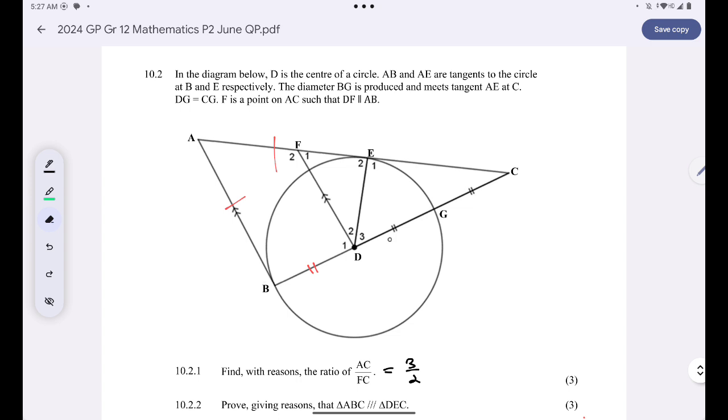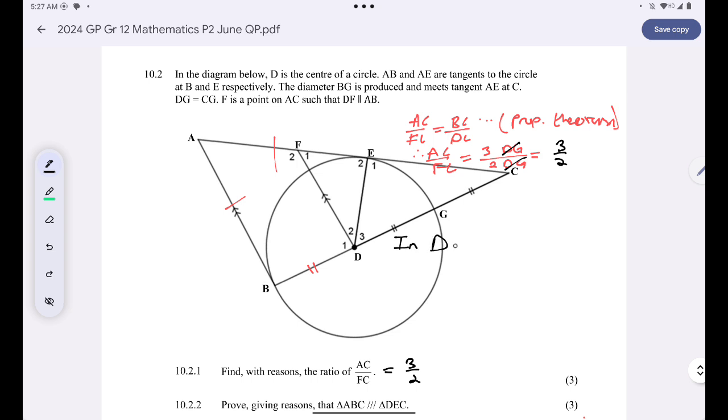I'll simply say, in triangle ABC and triangle DEC, angle C is common. It's a common angle. Are you together?